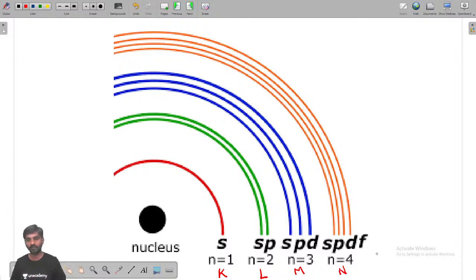If n is equal to 5, can somebody tell me what it is? Most of the people know this. What is going to be the letter assigned for n is equal to 5?